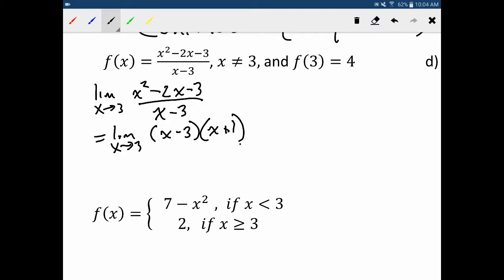So I've just factored the top there. I get x minus 3, that and that cancel out, and we're left with the limit as x approaches 3 of x plus 1.